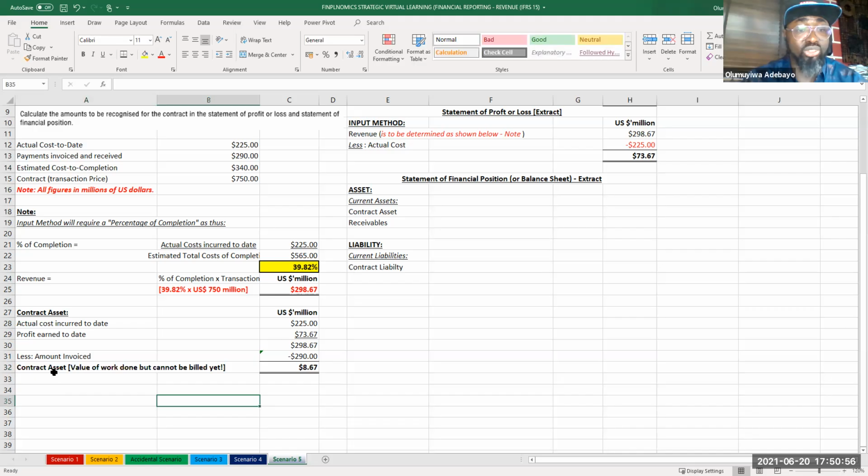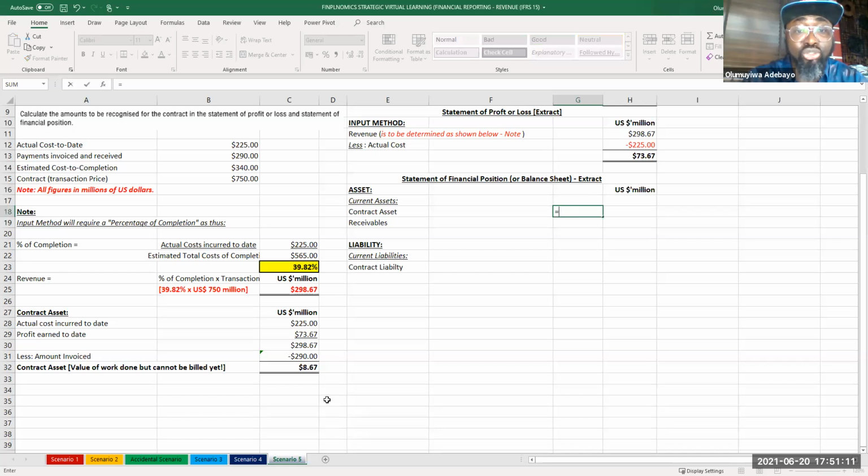This is the value of work done, but cannot be billed what? Yet. That's what it means by contract asset. And I'll come here to say my contract asset is so much.